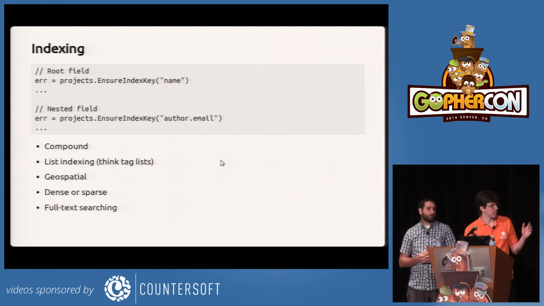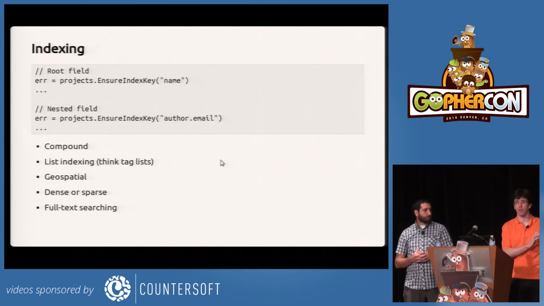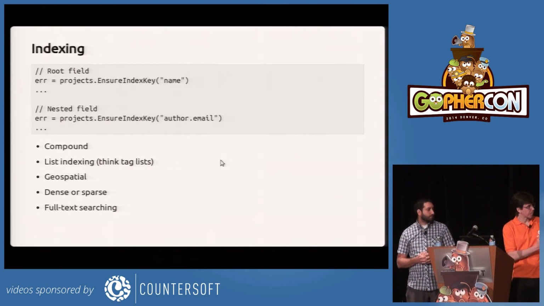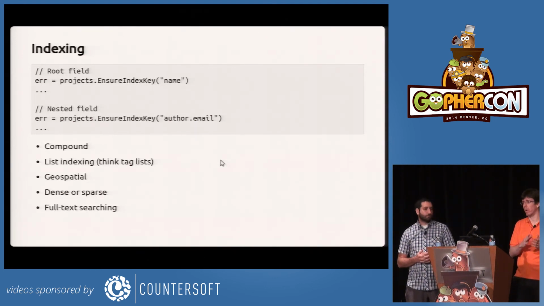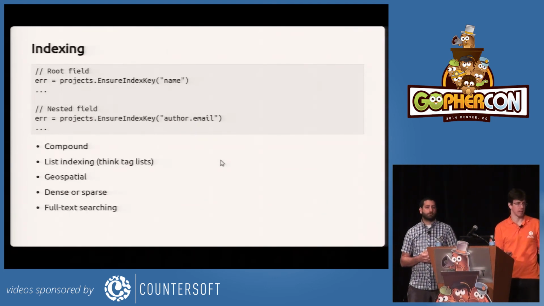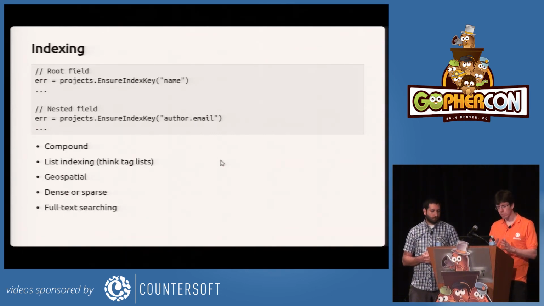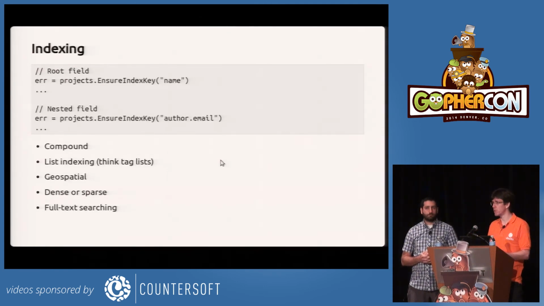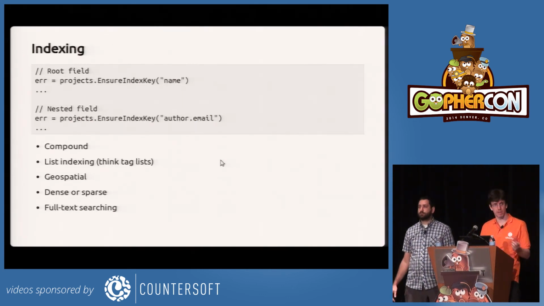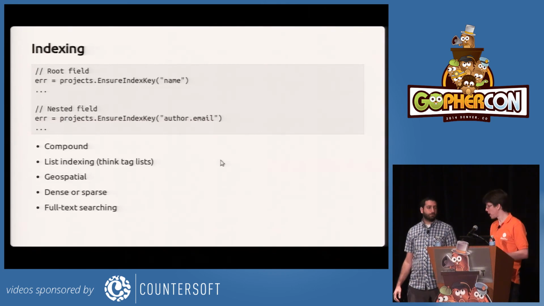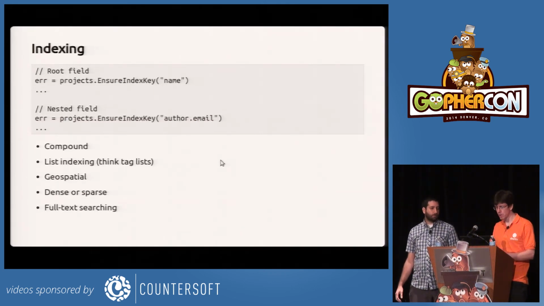It's interesting as well because so far, everything I've shown you, you could probably have done in 100 lines of Go on a disk without any difficulty. But there's a whole database behind it with many of the features you expect. Indexing can be done with compound keys, so you have multiple keys. There's list indexing, as we just demonstrated with tags, geospatial indexing, and so on.